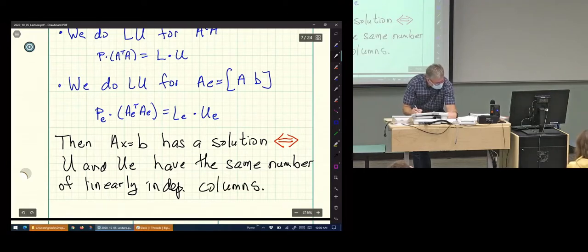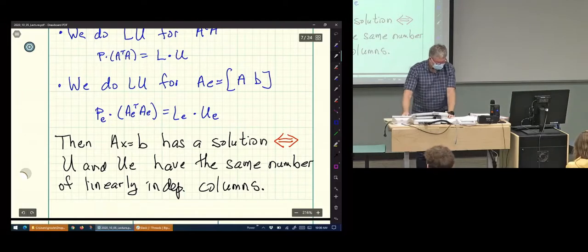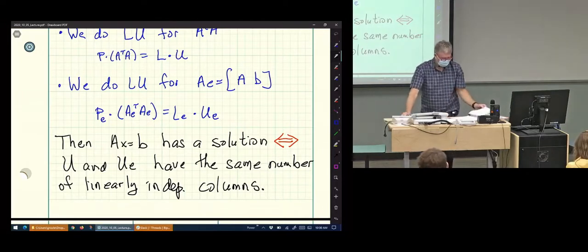Okay, so we're counting the number of linearly independent columns.